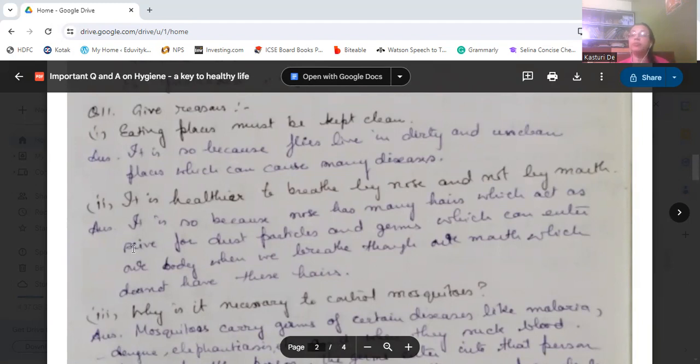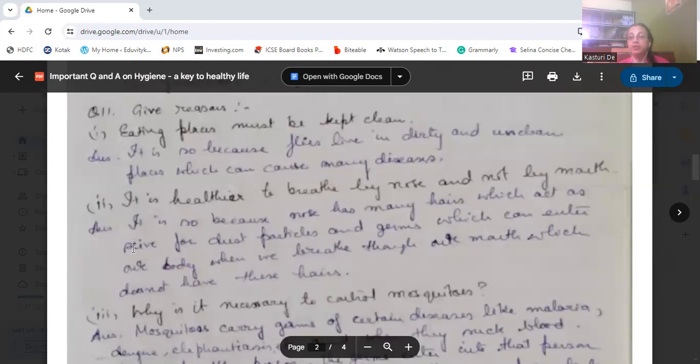But if we breathe through our mouth, then the mouth does not have these hairs, and so the dust particles and the germs which may be present in the air we are breathing in will enter into the lungs directly.